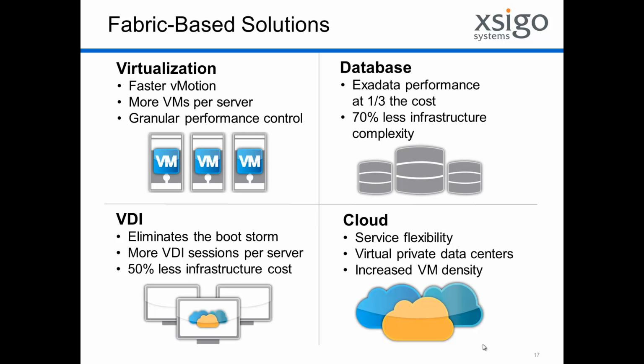So think about what that can do for you in terms of creating isolated data centers within your fabric. Say, for example, a service provider that wants to create virtual private data centers for customers.